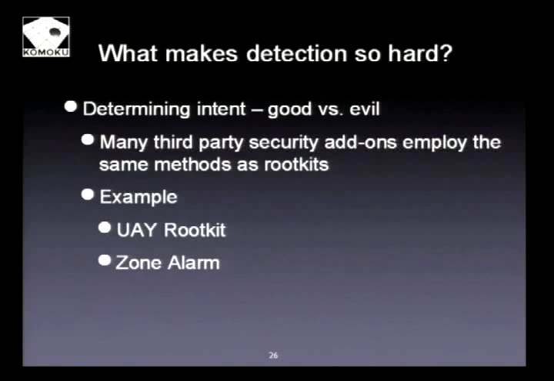So, all right. What makes detection so hard? Again, this goes back to asking the crazy person if they're crazy or not. When you have a rootkit on the system, you can't trust any answer that system is going to give you. So you have to come up with a way to make yourself independent of that running system as much as possible, so that you get basically sound answers.